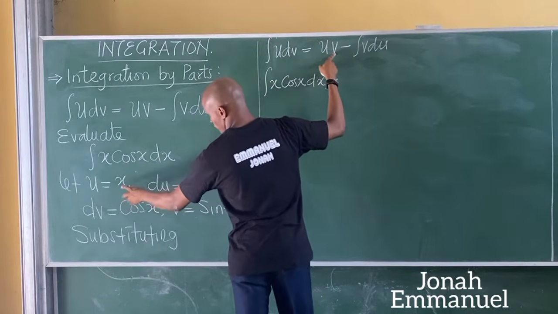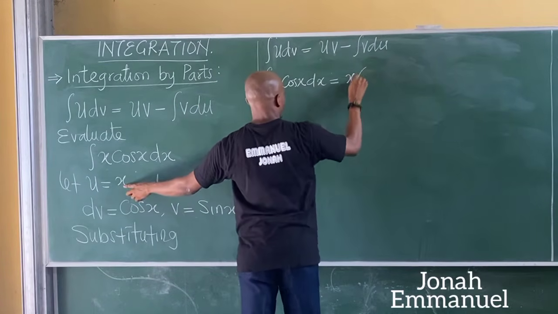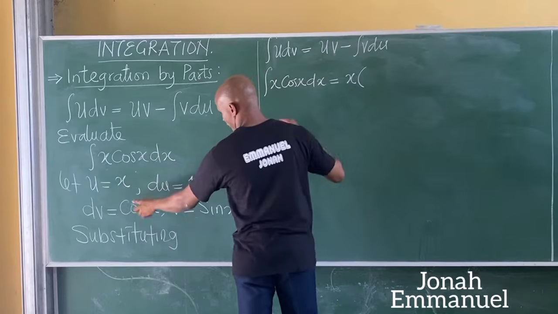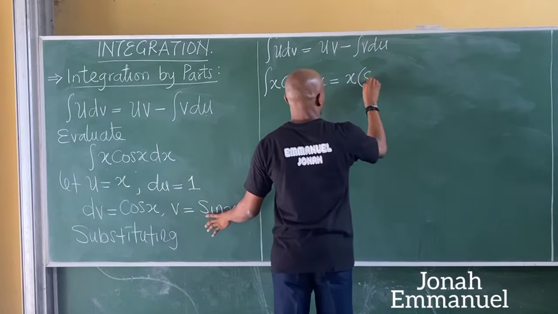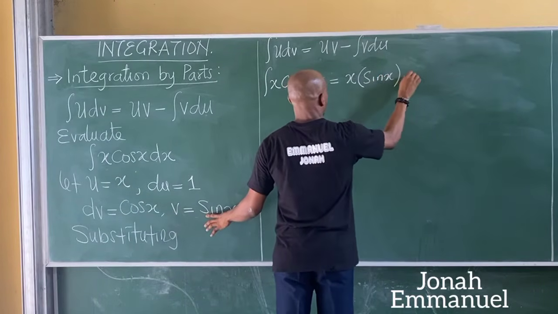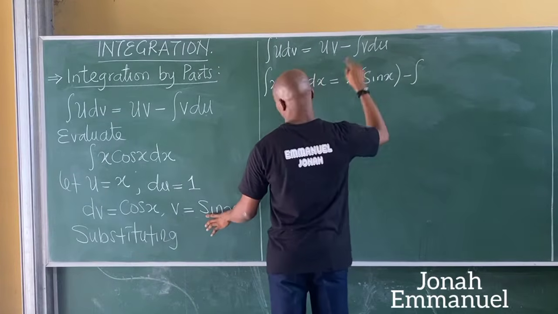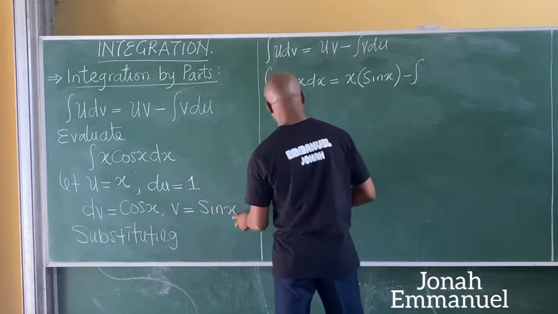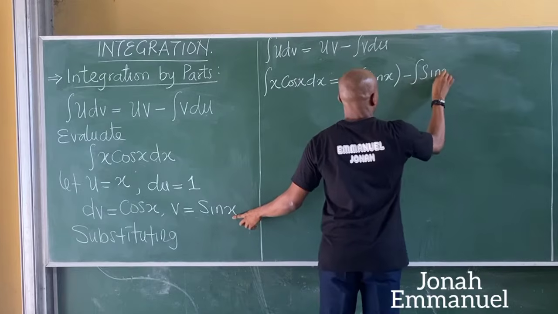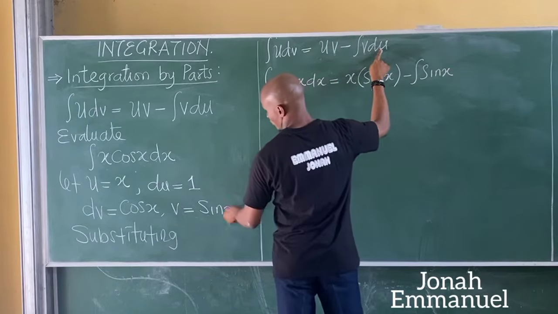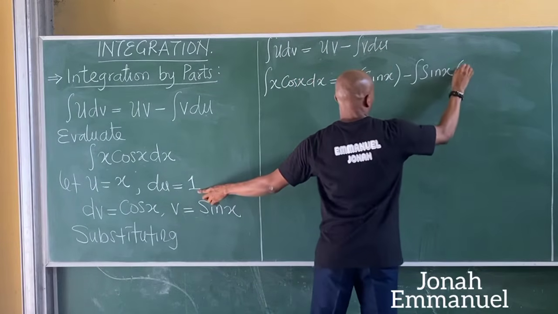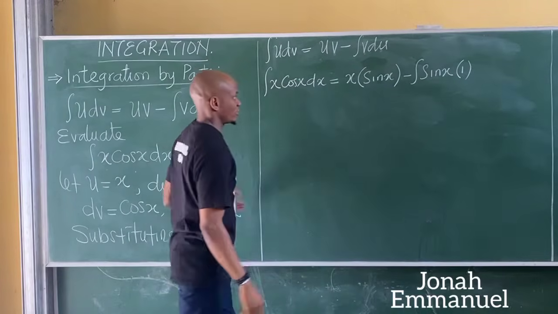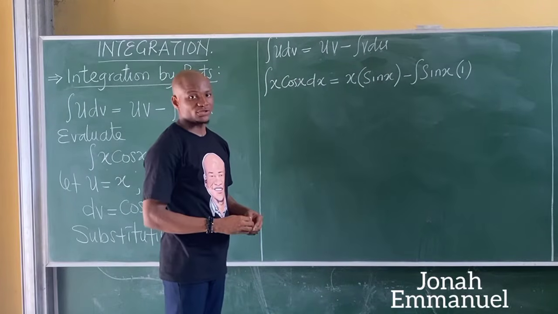U here is what? U is x, it becomes x here, into v. V is sin x in value, so x sin x minus the integral of v. V in value is sin x, so sin x into du. Du in value is 1, so I'm having 1 here. Alright, so this is after substituting.